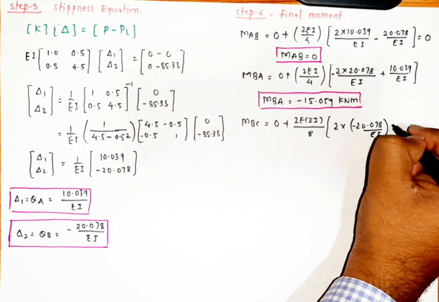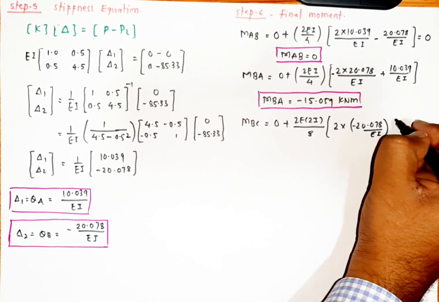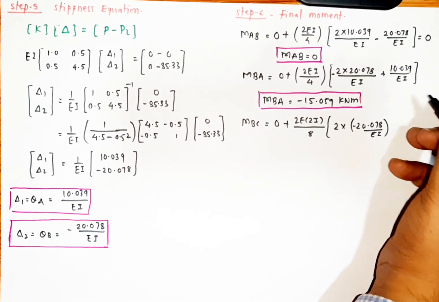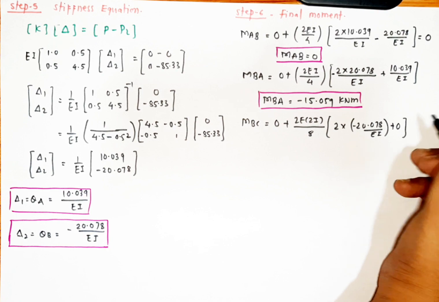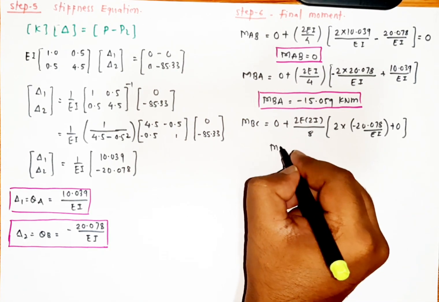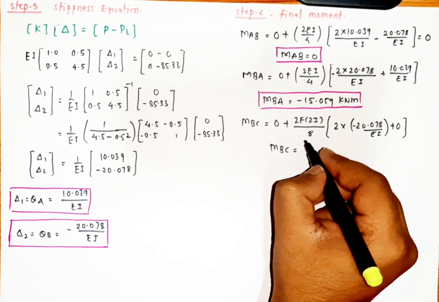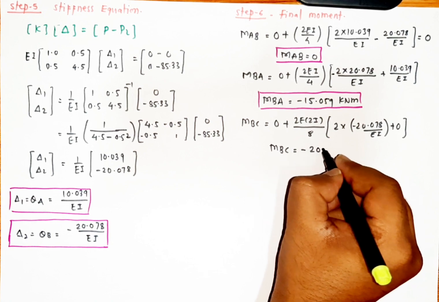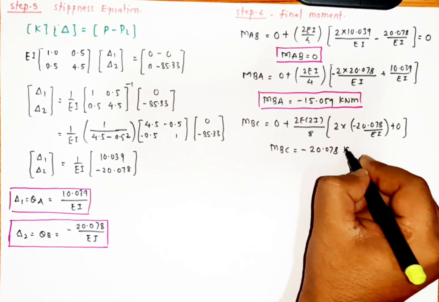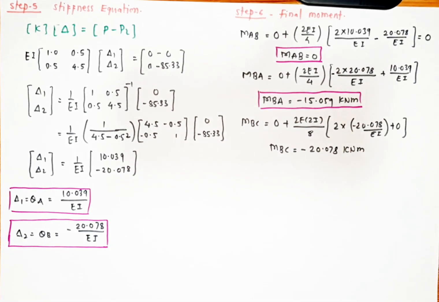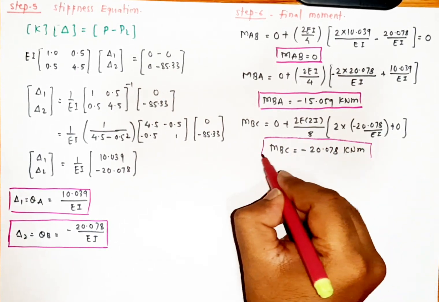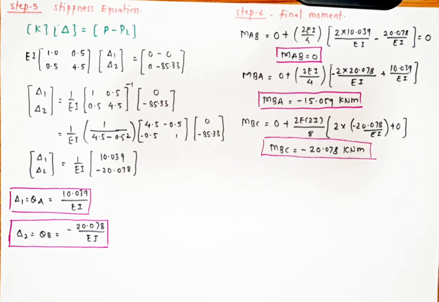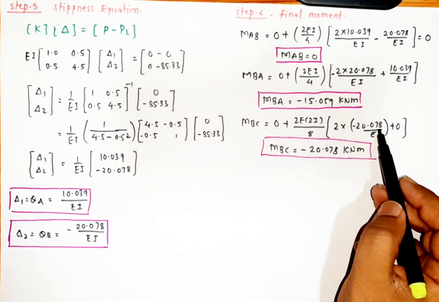There is no delta, and the moment at C, that is theta C, is 0. We don't have any value for C, plus 0, and delta is also 0. Therefore MBC is equal to minus 20.078 kilonewton meter. So this is the value for MBC. For BC we don't have theta C, that's why it is 0. This is only twice theta B.